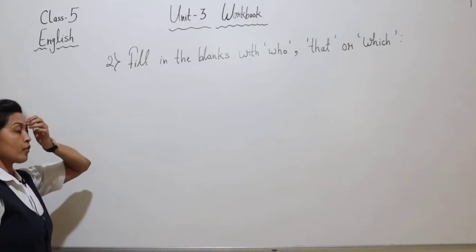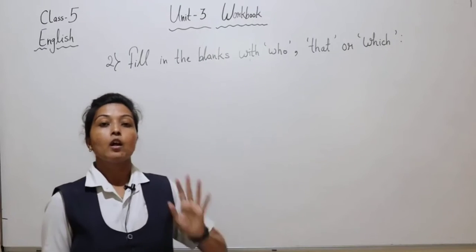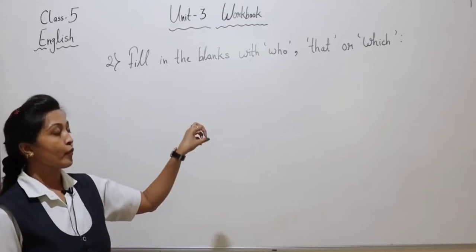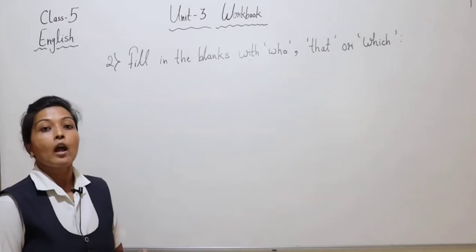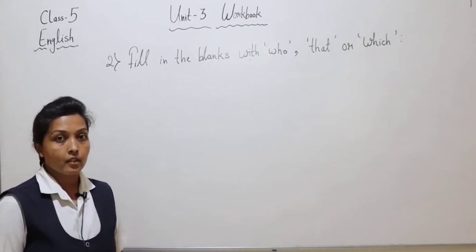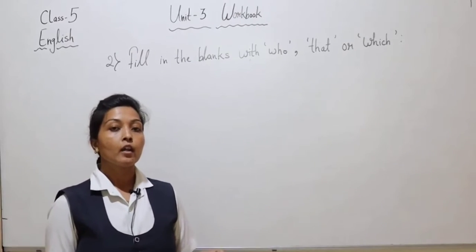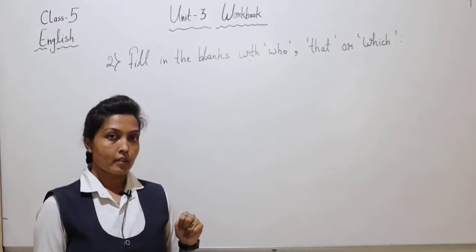So who we use to refer to a person or a thing. Who is used to refer to a noun in the given sentences, and that we can use for joining two sentences.